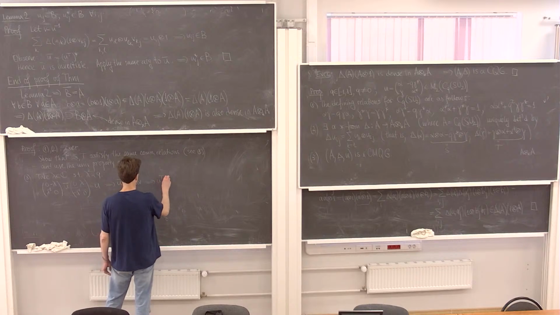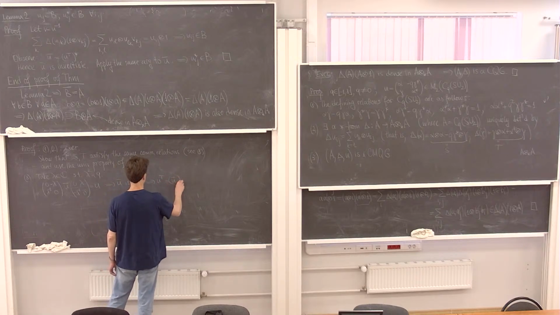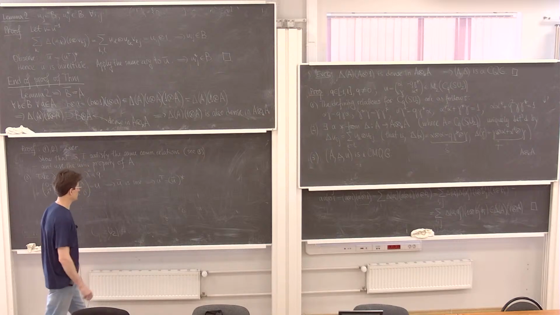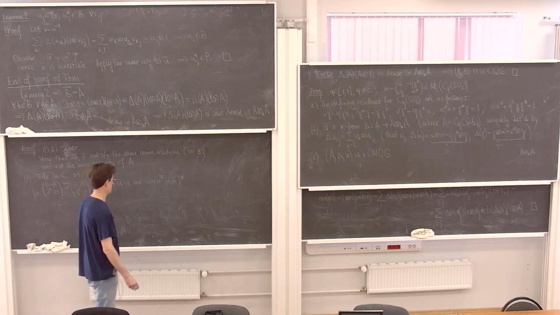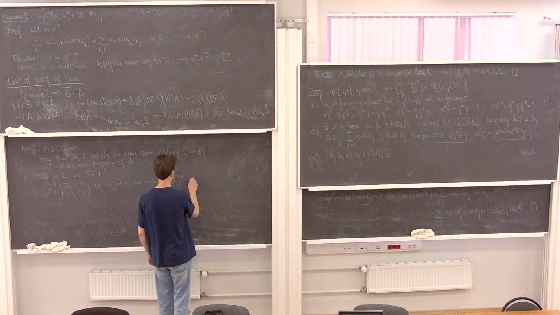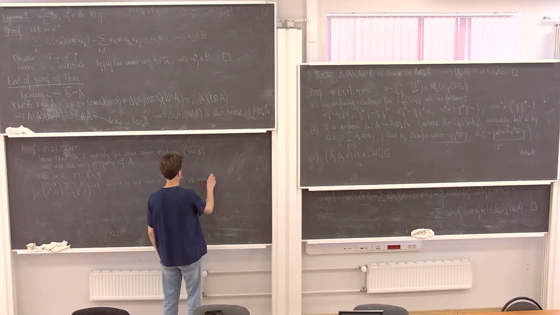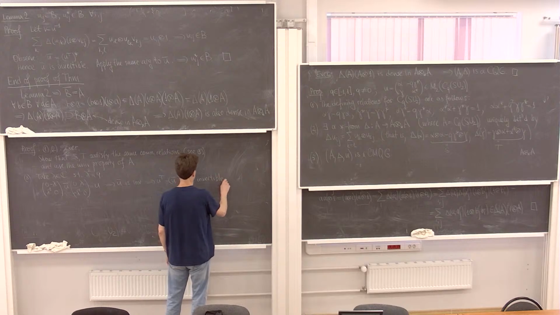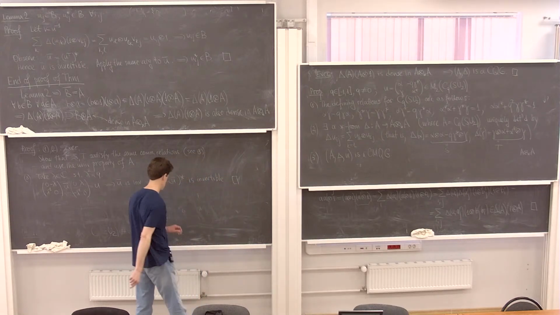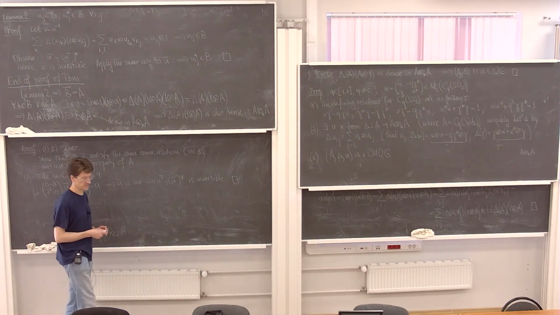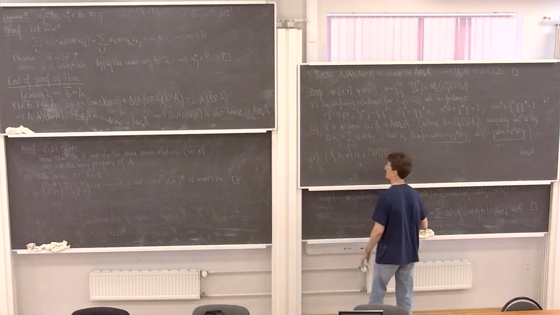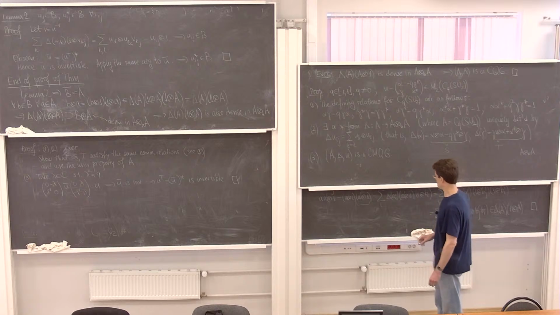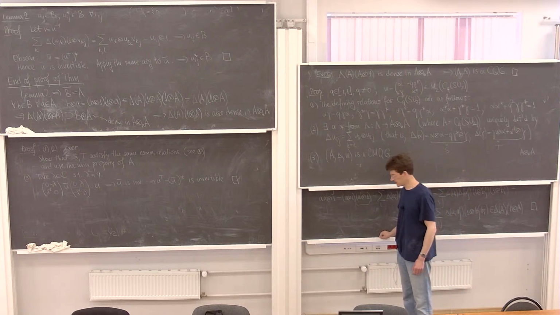So U transpose is the adjoint of U bar, and so U transpose is also invertible. And that's it. So we see that the quantum SU2 is a compact matrix quantum group. So in particular, it is a compact quantum group. Okay, so that's all for today.